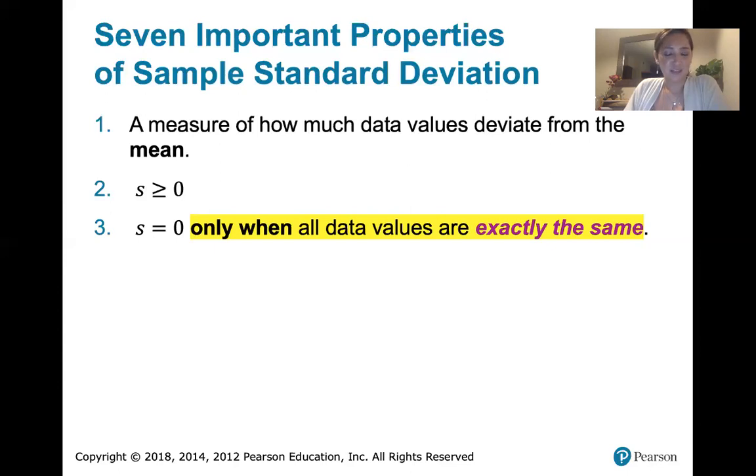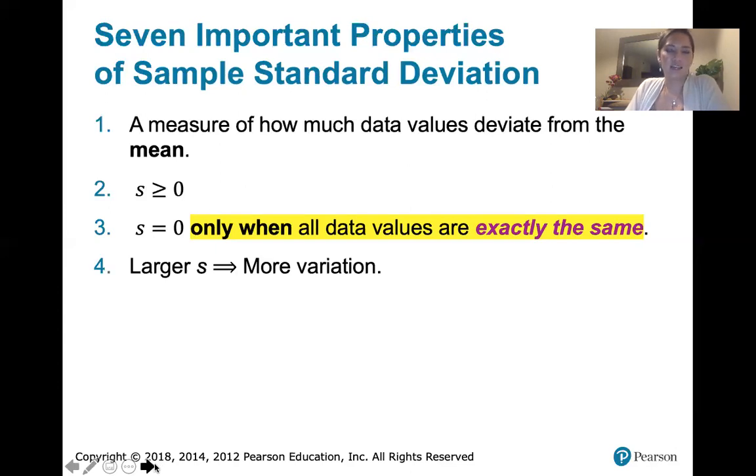So when you start taking each of those values, which are equal to the mean, and subtracting the mean, of course, there's no deviation there. There's no variation there. We'll talk about variance in a little bit. So it makes sense that this measure of variation is 0 when there is no variation.